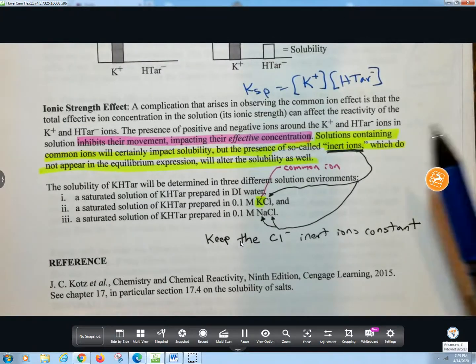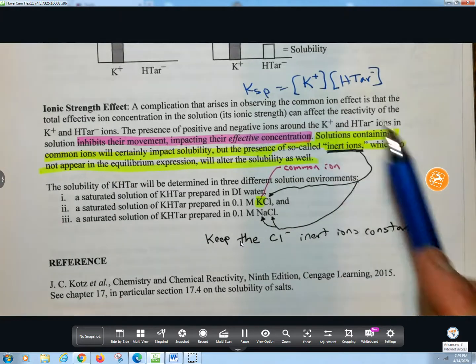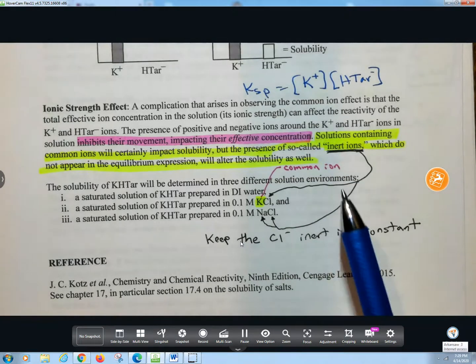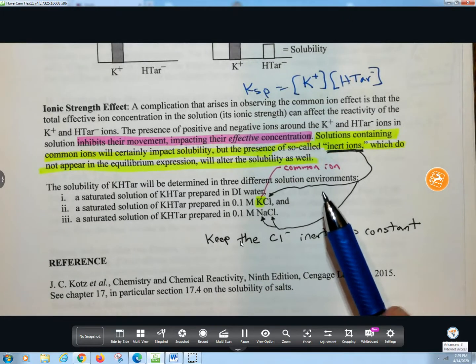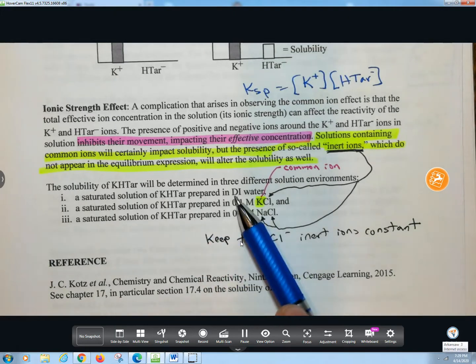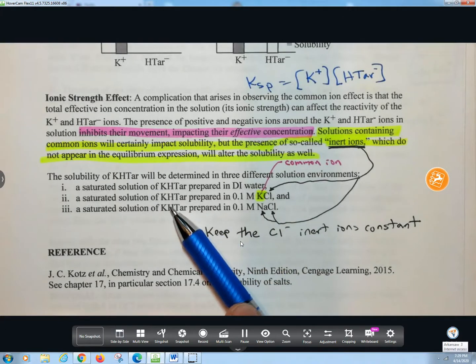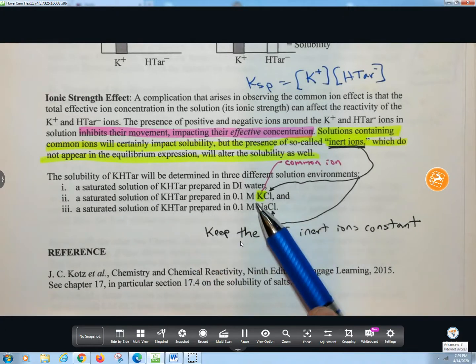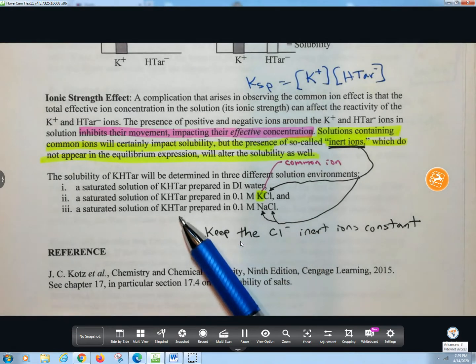But first of all, how is the common ion, K+, going to be affected? In order to keep our ion strength constant to compare this, we are going to dissolve potassium hydrogen tartrate in deionized water. We're going to dissolve it in a solution that contains the common ion, potassium chloride, and then we're going to make sure that we have a control group.